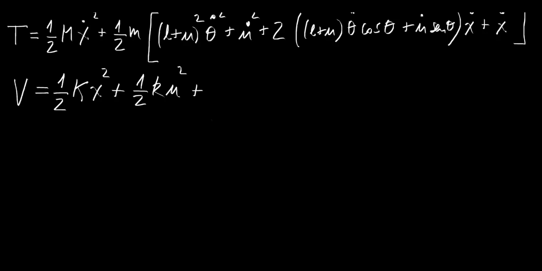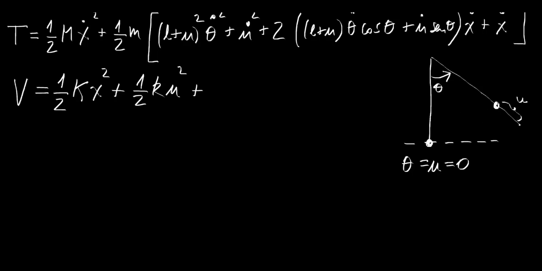But what is the gravitational potential energy? We need to define first a level of reference for the potential energy. We will use in this case the situation when both u and theta are 0. This will be our level of reference, our 0 gravitational potential energy. When the system is perturbed, when this mass is in motion under an angle theta and an extension u, then the center of mass of this second mass will change as follows.